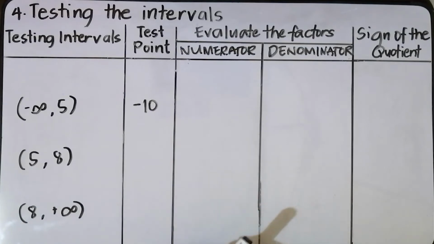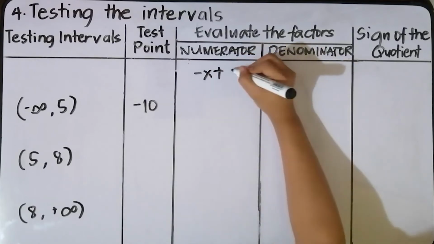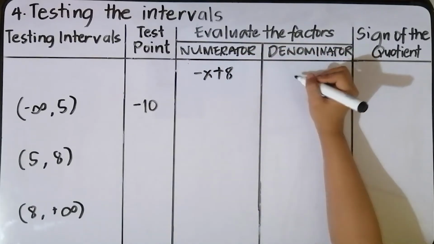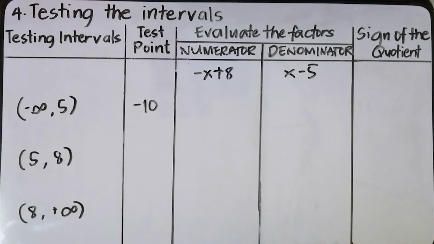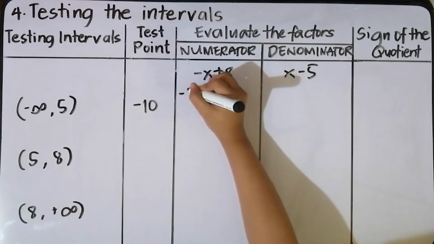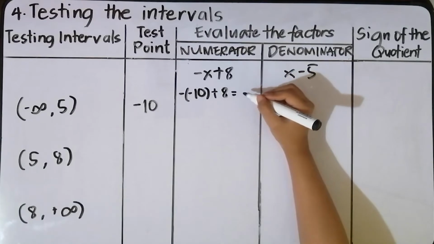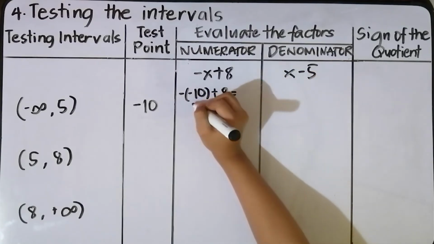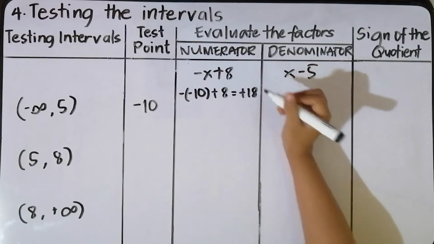Now, for the third column, we need to evaluate the factors. So, what are those factors? For the numerator, we have negative x plus 8. For the denominator, we have x minus 5. Evaluating the factors, we just need to substitute our test point. So, we have negative of negative 10, so positive 10, plus 8. That is positive 18.